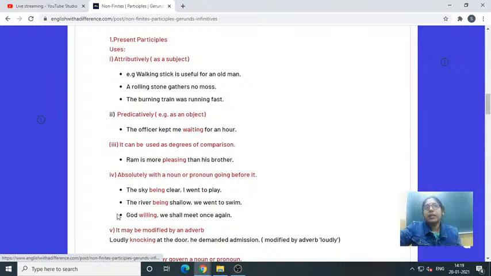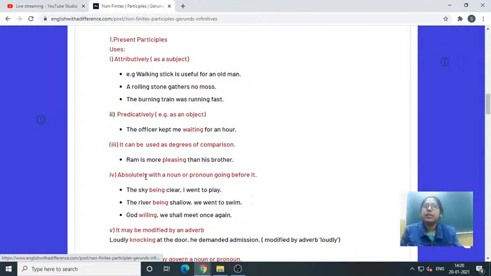Got it? Now another one, the fourth, all of you should remember: absolutely with a noun or pronoun going before it. We can use these participles absolutely with a noun or pronoun going before it.